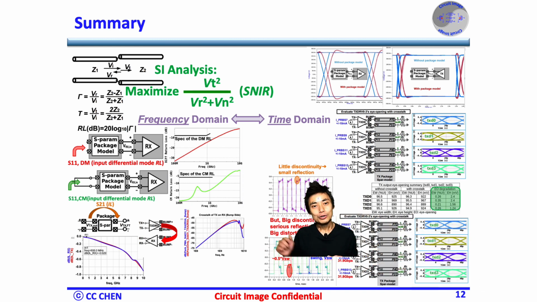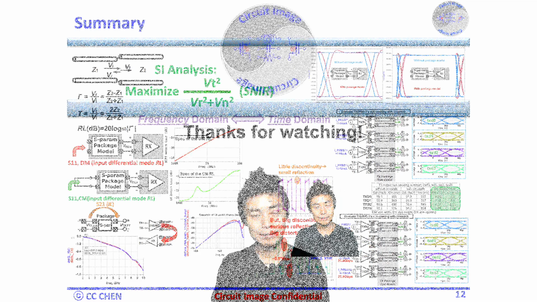Lastly, we also show you an impedance discontinuity in the package design to cause the distorted waveform, such that the swing is almost a half, and the SNR degrades almost 6 dB to emphasize how important the whole circuit SI analysis is instead of just performing the on-die SI analysis.